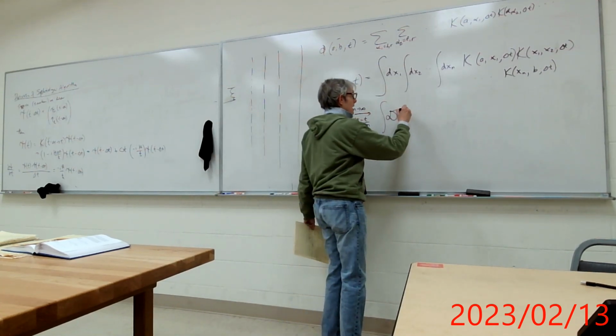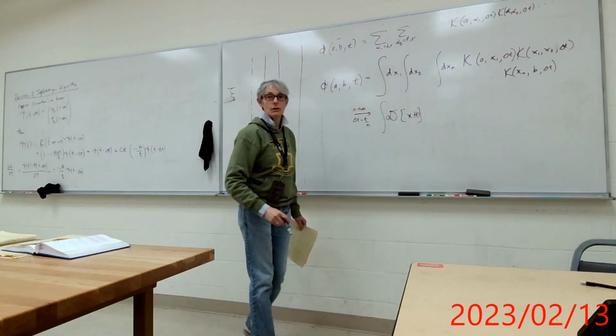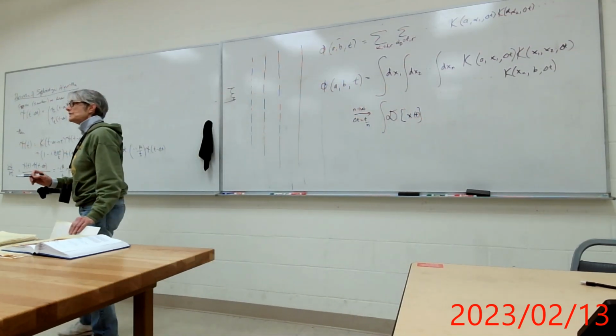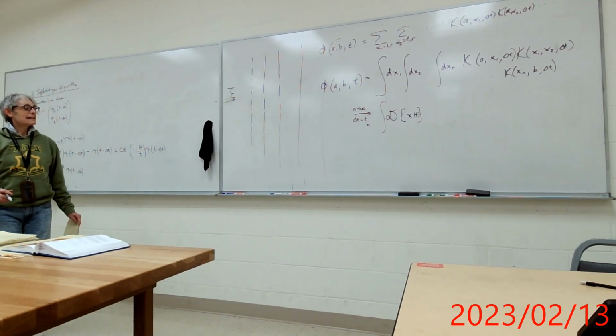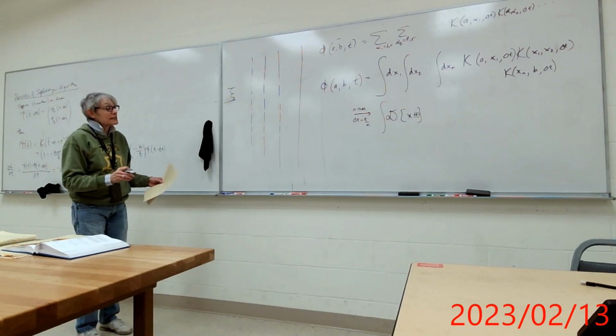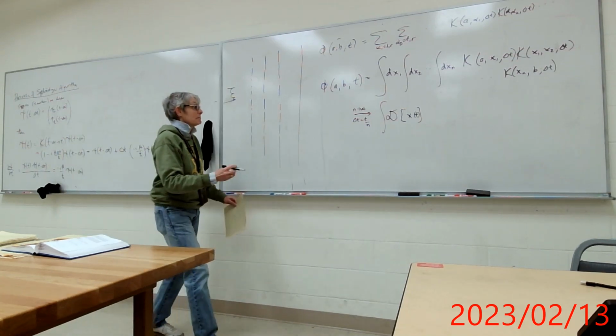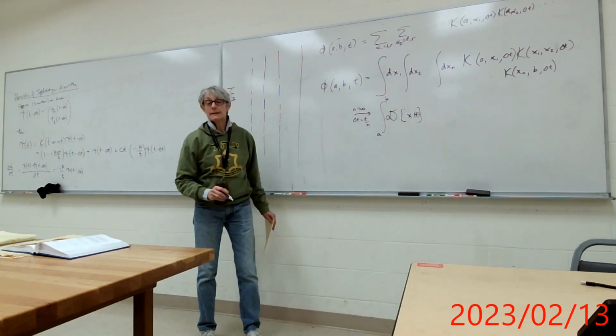So this is square bracket x of t. So x of t is a particular path, right? And we're now integrating over all possible ways of getting from A to B in a time t.